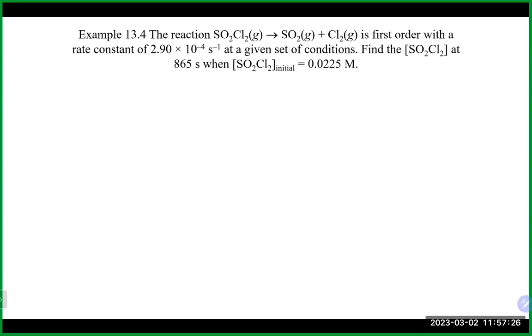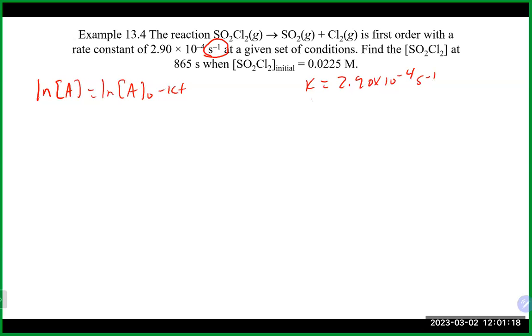Take a few minutes to see what you come up with. We're looking here for the final concentration. It did not tell you first order. Once again, we have the rate constant and the units to tell us that it is. So we know we should be using our equation here. We have the rate constant given to us at 2.9 times 10 to the minus 4 reciprocal seconds.